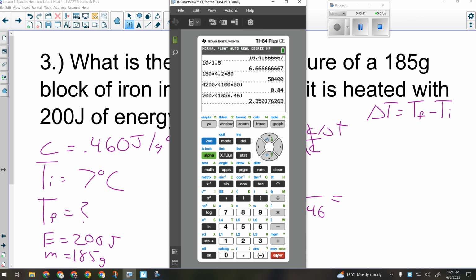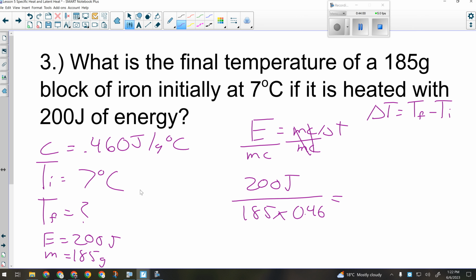It looks like it is only changing its temperature by 2.35 degrees Celsius. So if it started at 7, what's its final? 9.35 degrees Celsius. That would be 7 plus 2.35. So 9.35 would be my final temperature.